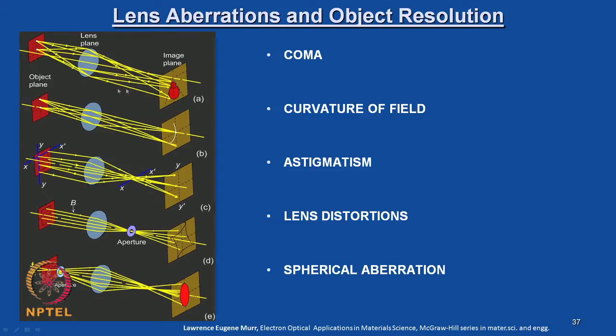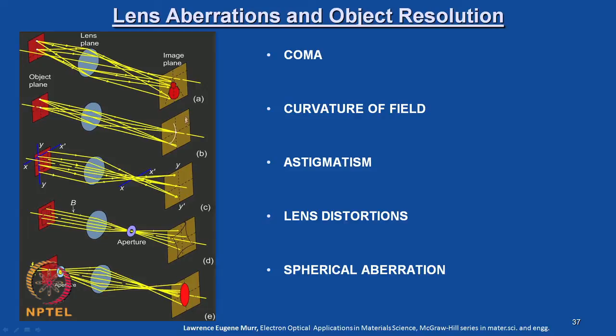The first schematic shows the coma effect, and the second schematic describes the curvature of field, and the third schematic is astigmatism, and the fourth one is lens distortion, and the fifth one is spherical aberration.